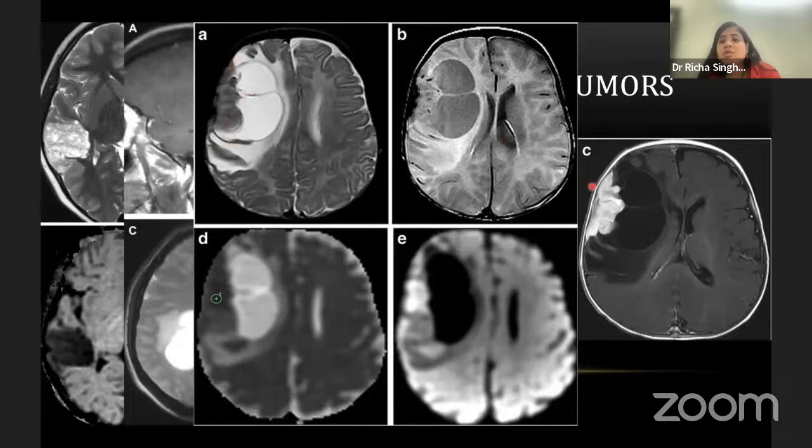On post-contrast images, there can be a dural tail also associated with the lesion. There will be a lot of edema around the lesion. The diffusion will be markedly restricted in the solid component of the lesion. So this is an example of DIG, or desmoplastic infantile ganglioglioma. The imaging of these typical conventional glioneuronal tumors has not changed much from before.